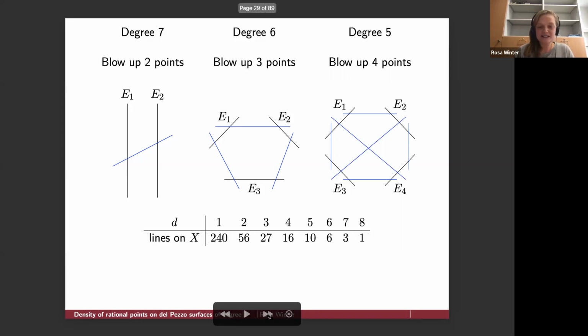We can continue like this, and we can count all the lines on a Del Pezzo surface. Here you see the 27 lines on the cubic surface, and you also see that this grows very rapidly towards the lower degrees. The degree 1 Del Pezzo surfaces really are a bit of an exception because there are so many lines that this is not such an easy configuration to draw.